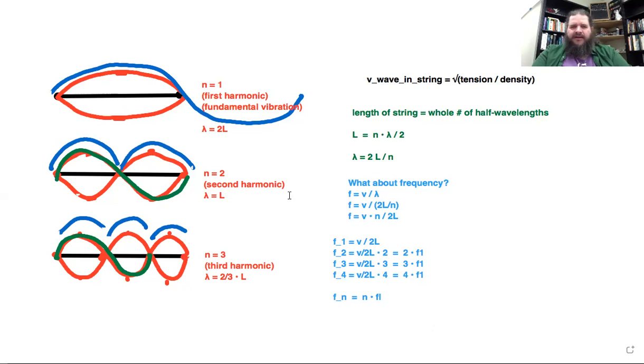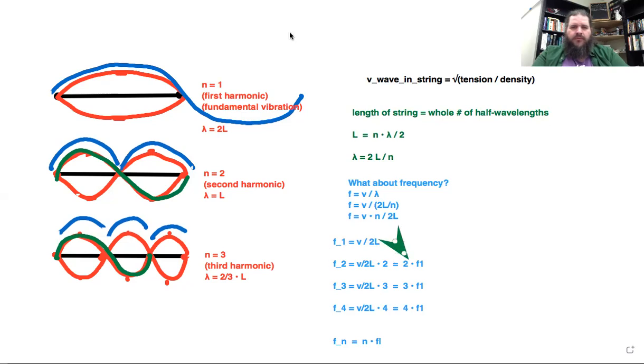And if we take a look at a little bit more music theory here, if we take a look at the changes here from fundamental frequency to second harmonic to third harmonic to fourth harmonic, if you're transitioning from, let's say, first harmonic to second harmonic, what's the change associated with that?